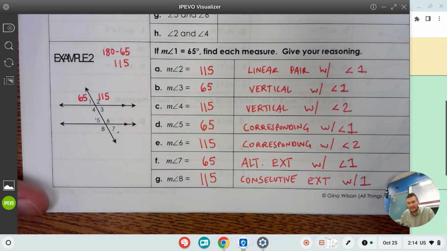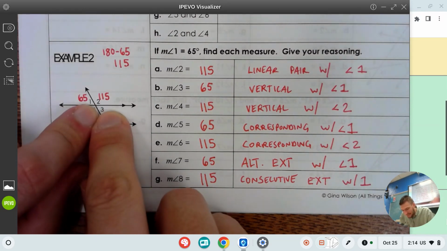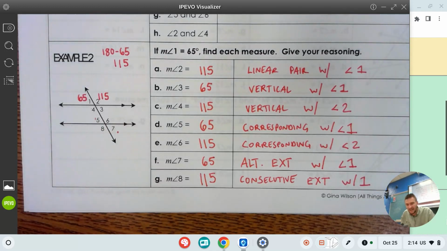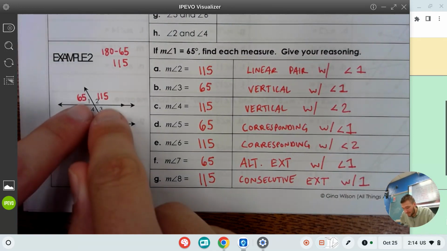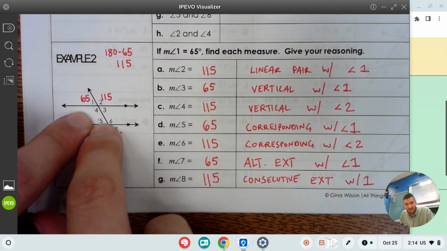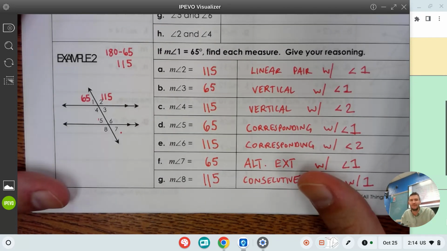But your reasoning, you have a whole Rubik's Cube full of ways that you could get to this, right? You could say that 3 should be supplementary with 6 because 3 and 6 are consecutive interiors. You could also say that 3 is alternate interiors with 5, and so those two could be congruent. So there's 100 different ways to go about it.